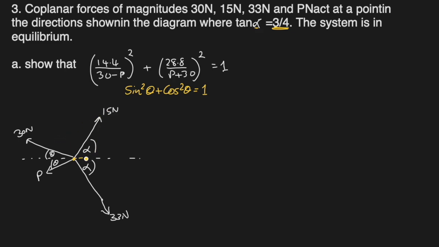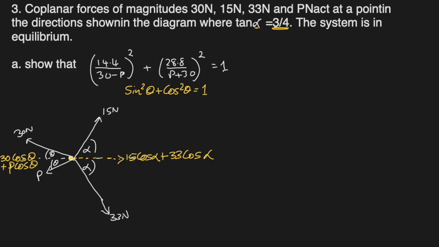So the components in this direction. For this 15 Newton, because the angle is here, it will be 15 cos alpha. This 33 again has an angle with this component, so it will be 33 cos alpha. Similarly here it will be 30 cos theta plus p cos theta. Why cos in all of them?